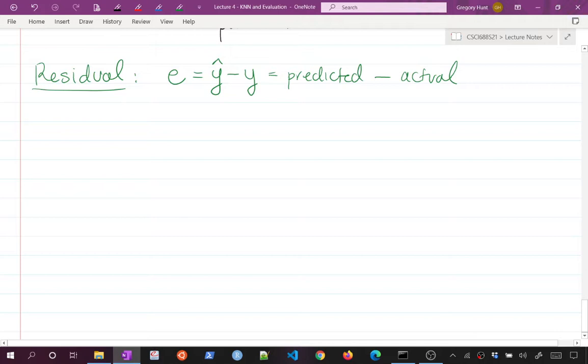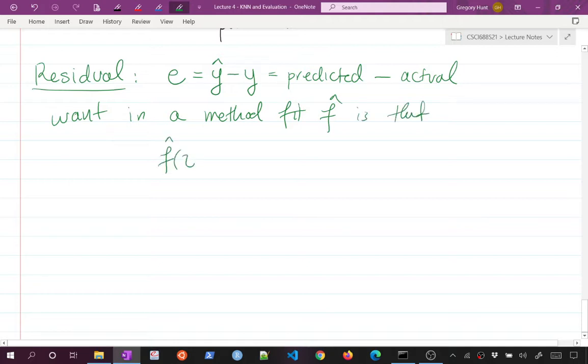And what we want in a method, say f hat, is that f hat of some x is approximately y.